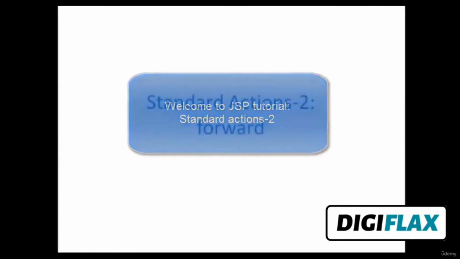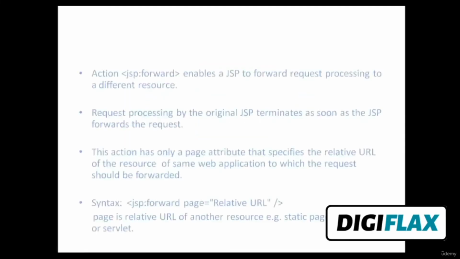Welcome friends. In this video tutorial, we are going to learn about standard actions. Action JSP forward enables a JSP to forward request processing to a different resource. Request processing by the original JSP terminates as soon as the JSP forwards the request.